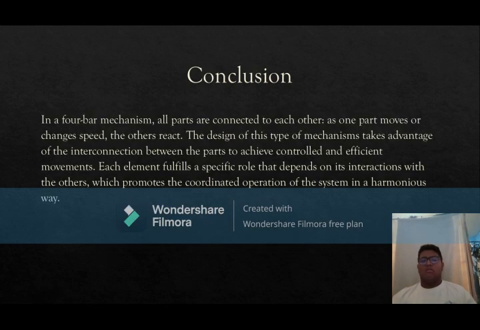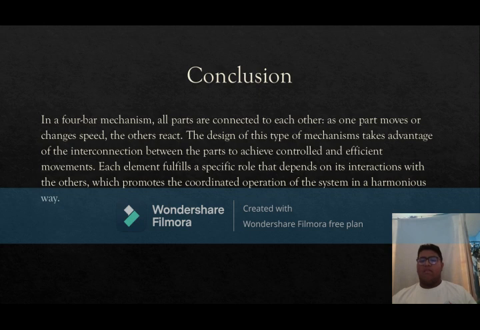In conclusion, in a 4-bar mechanism, all parts are connected to each other. As one part moves or changes speed, the others react.